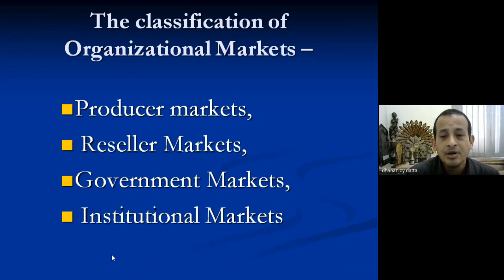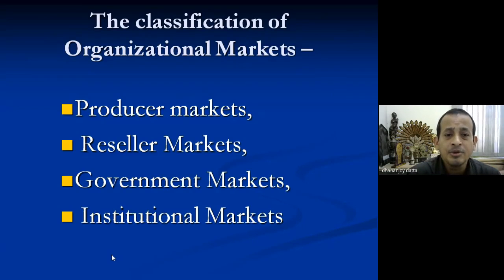For example, welding machines and gas cutters are used by carpenters or other professionals to produce another product. So these are known as users. In the producer market there are three types: original equipment manufacturer, industrial dealer, and user. So these constitute the producer market.